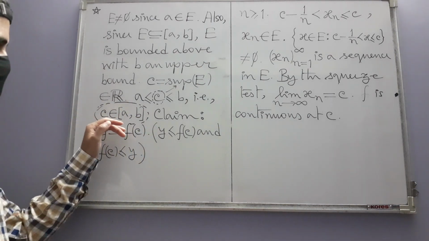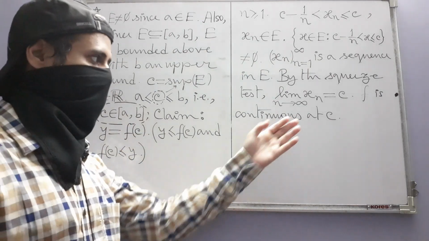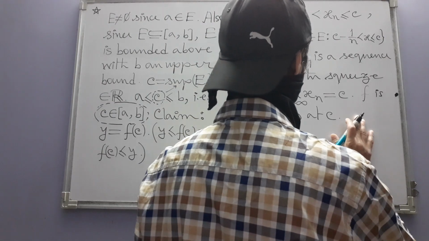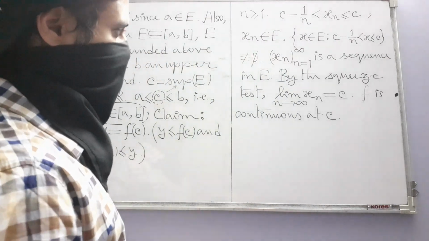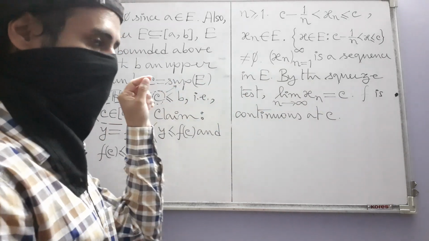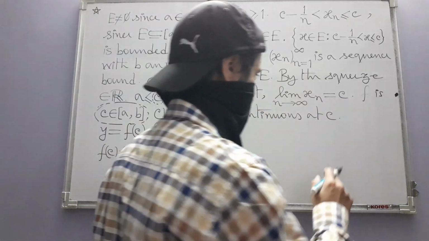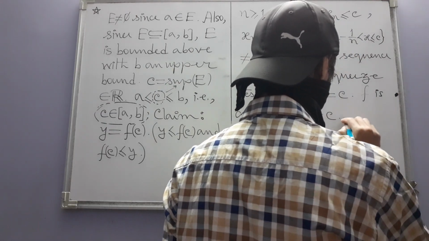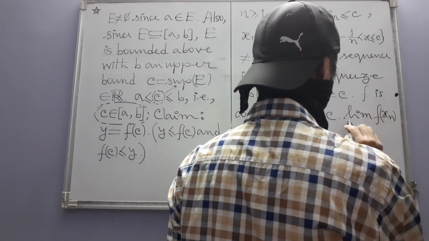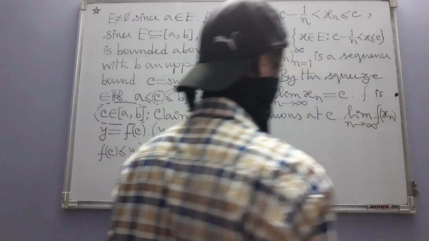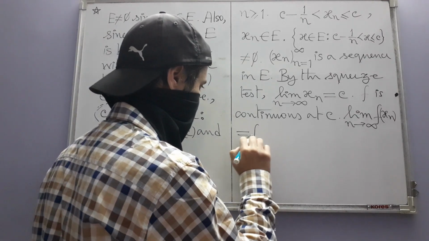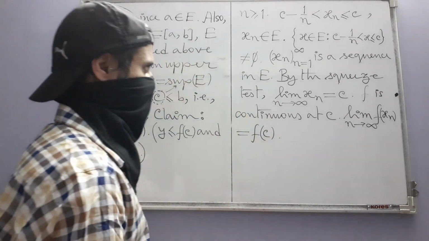If we did not know whether c belongs to this or not, this will not make sense. Okay. So now f is continuous at c and xn is a sequence in the domain of f which is converging to c. So by the sequential formulation of continuity, we have this. Limit of f of xn will be equal to f of c.